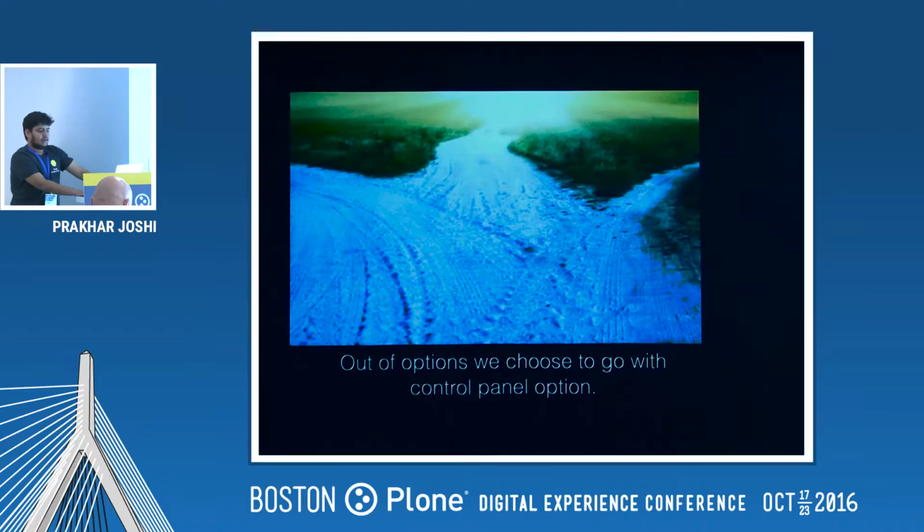So after discussing with Steve and a lot of people on IRC, we came to the conclusion that we will give an option to the users in the control panel, a setting option for easy forms. Users can go there and choose an option to migrate the previously present forms to the Dexterity content type.